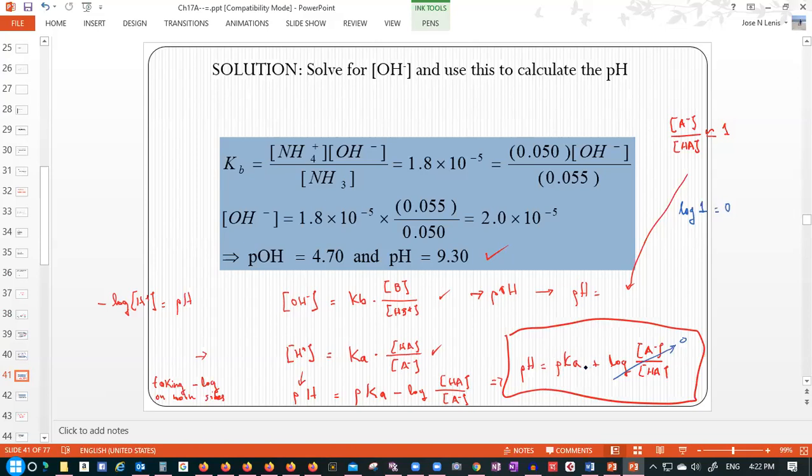And that is great, because then in a list of weak acids or weak bases, we choose the weak acid that has the closest pH to the pH we want or we need. I'll show you a list of some of those weak acids and weak bases.